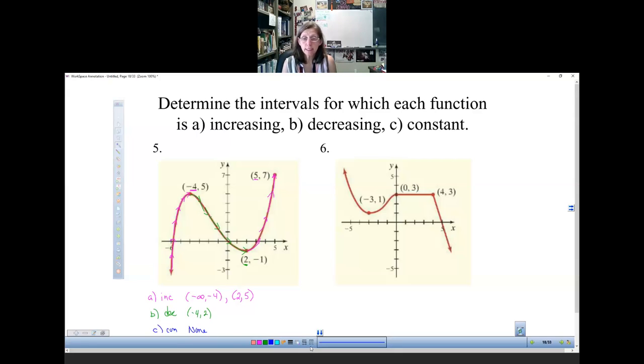All right, we're going to do the same thing with number 6 over here. Starting on the left, don't look at the arrow. That's confusing and misleading. It's going to go down. And it goes down until it gets to this turning point. Okay. And then it starts to go up. And it goes up until it gets to this changing point.